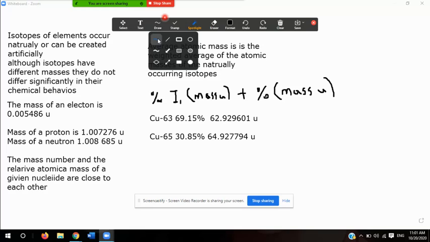Now, in order to work with this, it's really simple. All you're going to do is write the percentage. Whenever we're working with percentages, ladies and gentlemen, we have to have it as a decimal.